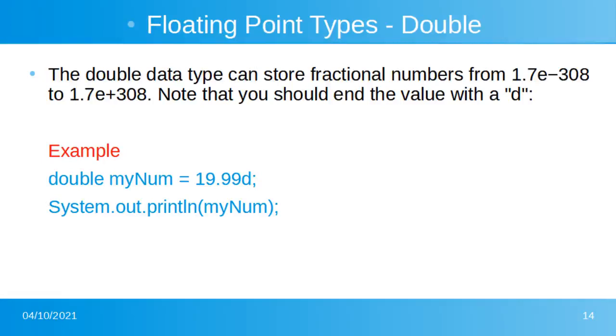Another one is double. The double data type can store fractional numbers from 1.7e-308 to 1.7e+308. Note that you should end the value with a D. Example, double myNum = 19.99d; System.out.println(myNum); Use float or double.